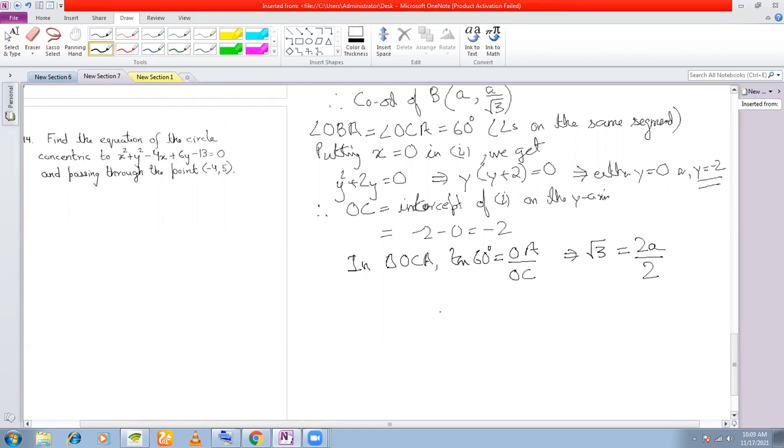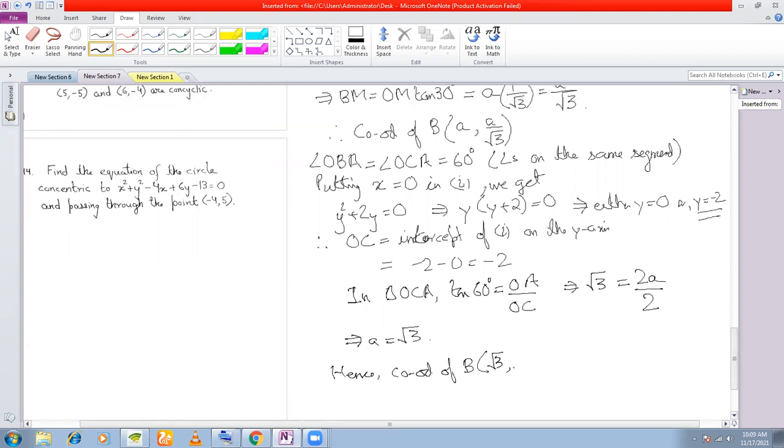We have found out 2 units. So therefore we get A is equal to root 3. Hence, what are the coordinates of B? Root 3 and root 3 by root 3, isn't it? Which is equal to root 3 comma 1.